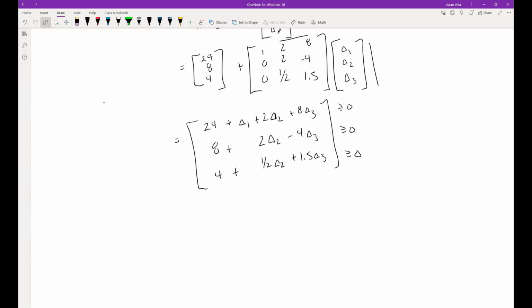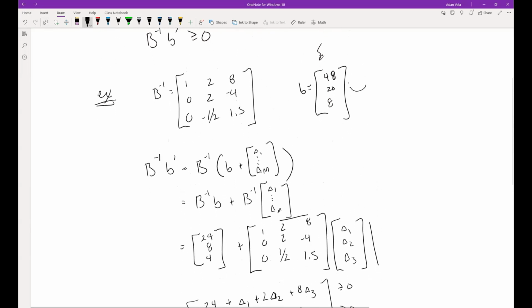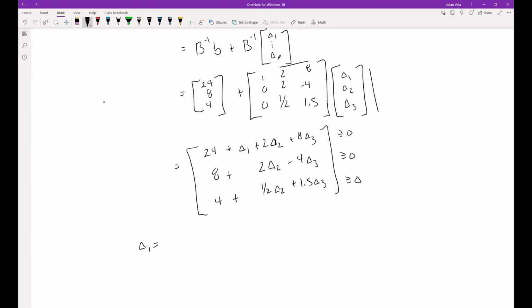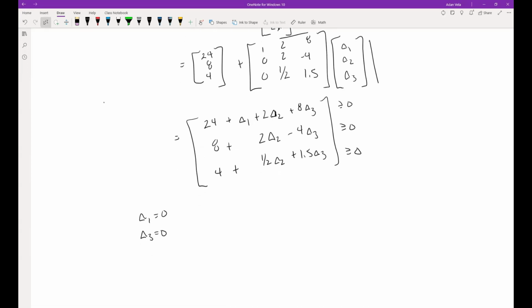All right, so let's say we wanted to change the second constraint. So before, we had the value of 20, okay? And we want to say, hey, can we increase or decrease that right-hand side, and how much can we change it? Okay, so let's say delta 1 is equal to 0 and delta 3 is equal to 0. Then these equations sort of simplify to 24 plus 2 delta 2 is greater than or equal to 0. 8 plus 2 delta 2 is greater than or equal to 0.